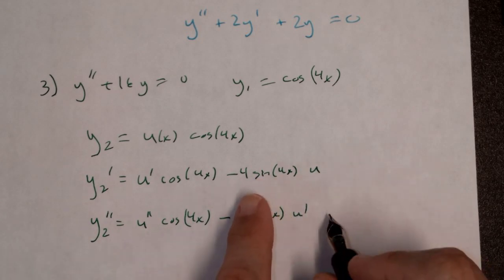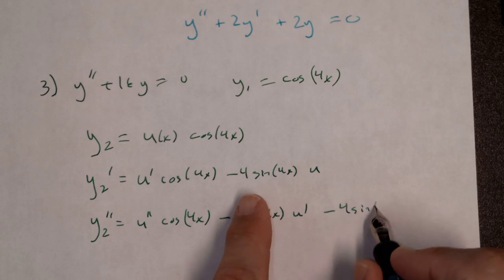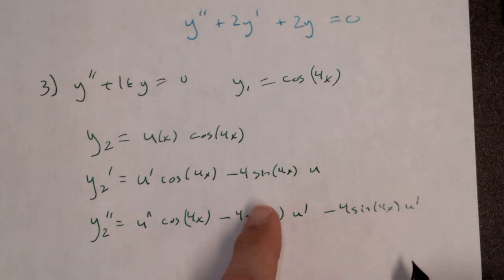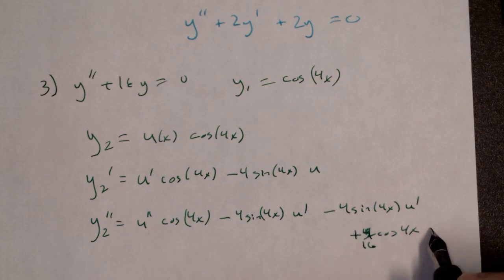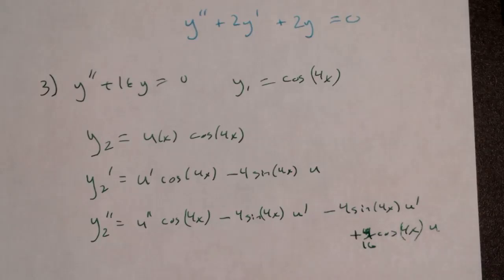Then I do this part and I get minus 4 sine 4x u prime. Derivative of sine is cosine, 4 cosine 4x. Wait, I'm going to get another 4, so that will be a plus 16 times u.